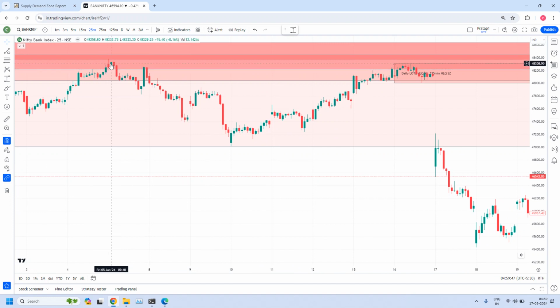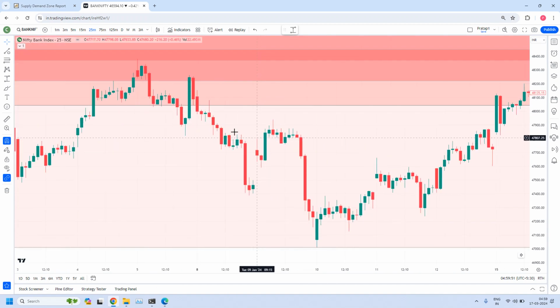This is the 5th January 9:40 candle. This is the one. And one base candle and a drop candle. So we have a rally base drop.